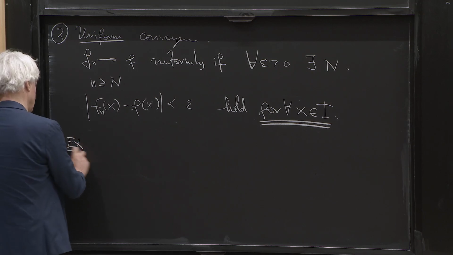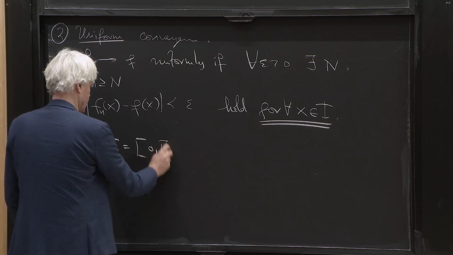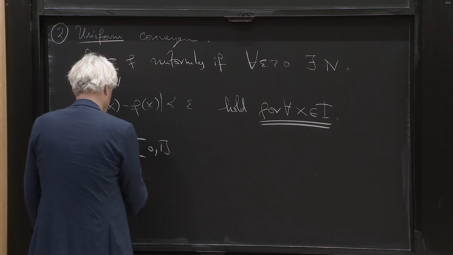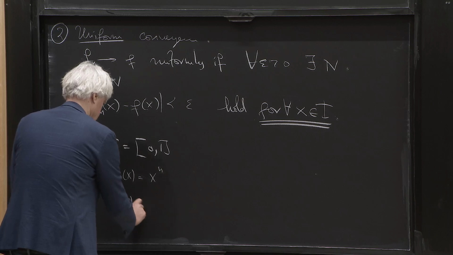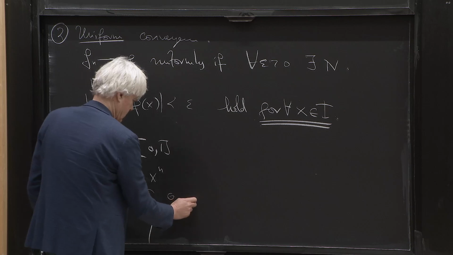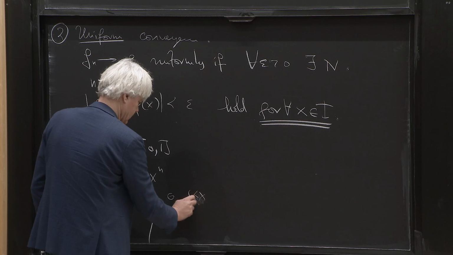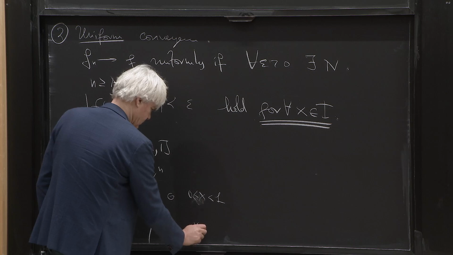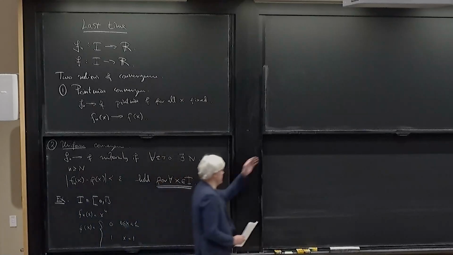We took I to be the interval from 0 to 1, and the function fn of x was just x to the power n, and f of x is then the function that is 0 if x is between 0 and strictly less than 1, and 1 if x is equal to 1.